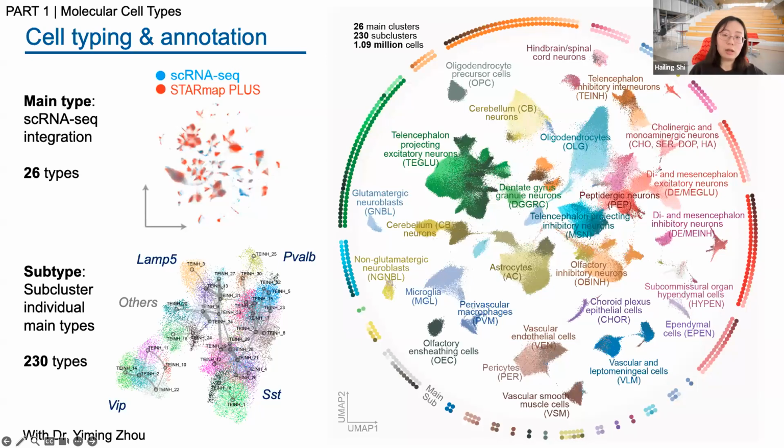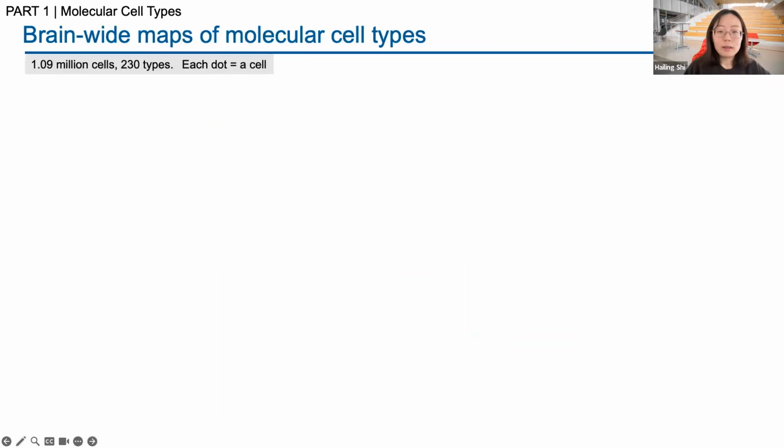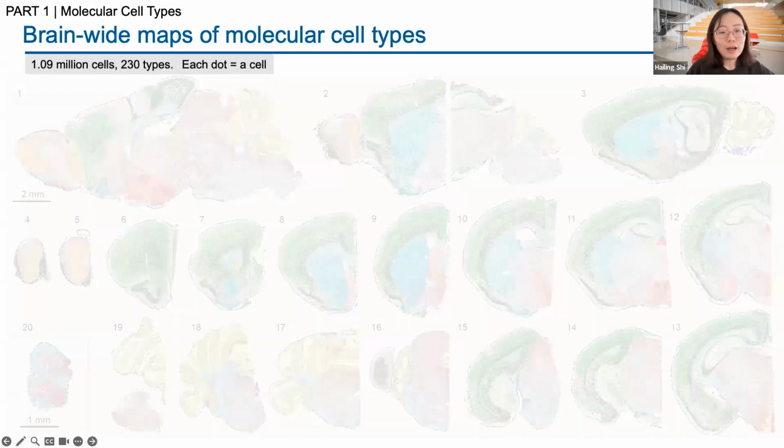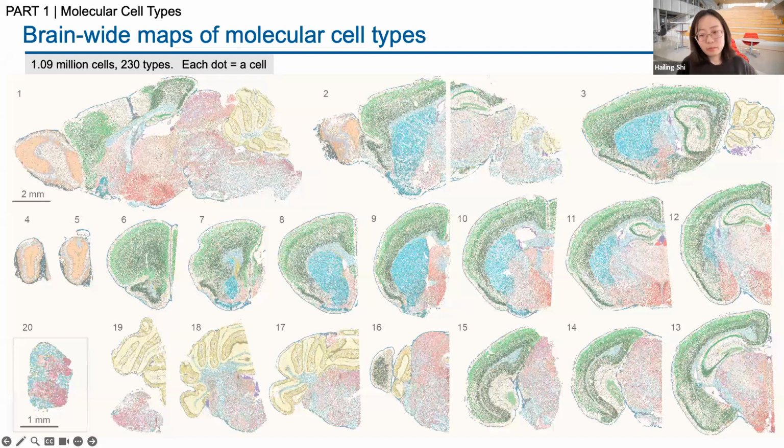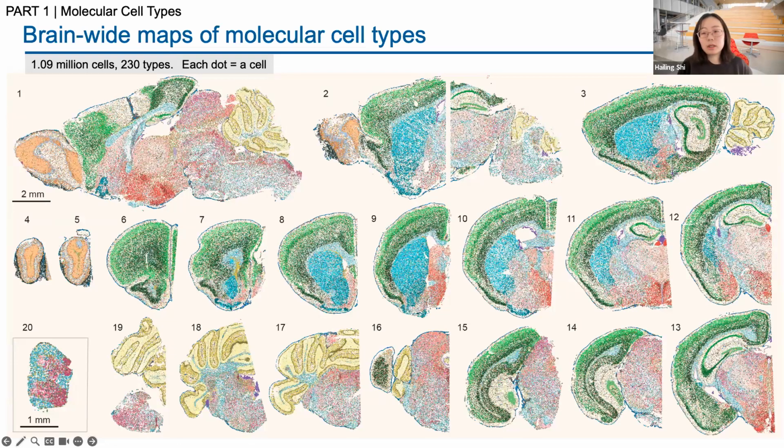We have 190 neuronal types, plus a few dozen glial cell types. Okay, and then finally we have these spatial cell typing plots of all those over 1 million cells, colored by their subtype identity.